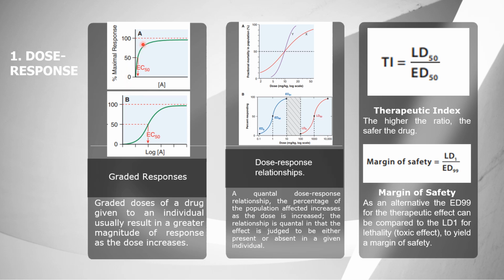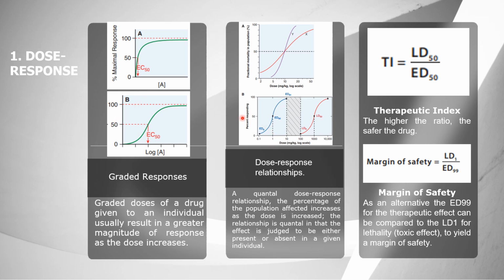The hyperbolic shape of the curve in this panel becomes sigmoid when plotted semi-logarithmically, as in panel B. The concentration of drug that produces 50% of the maximal response quantifies drug activity and is referred to as the EC50, the effective concentration of agonist for 50% response.